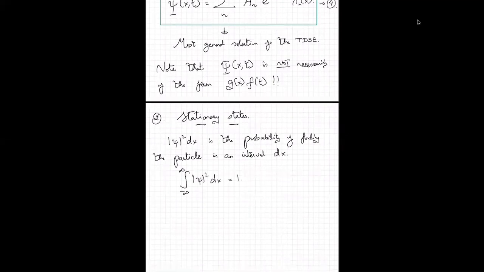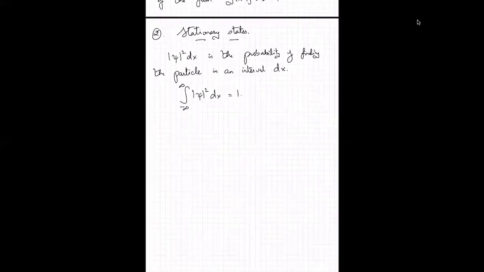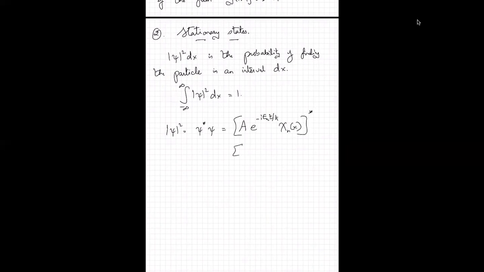Now, stationary in this context simply means that even though psi is time dependent, mod psi square is time independent, because mod psi square, which is psi star psi, is given by a e to the minus i E_n t over h bar chi_n of x, star, times a e to the minus i E_n t over h bar chi_n of x.